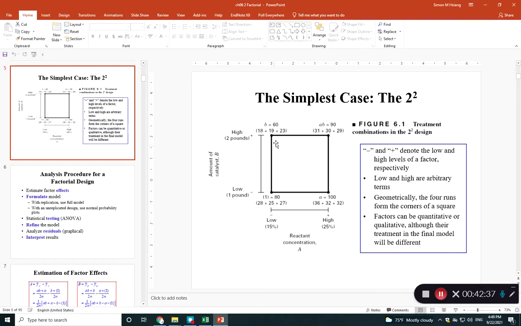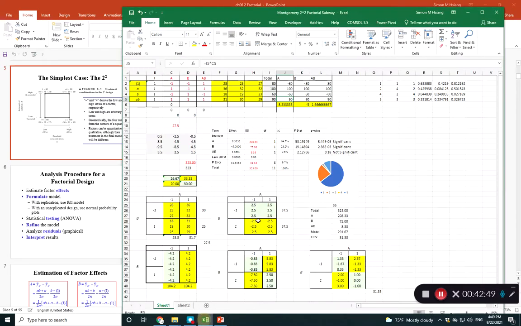So moving from this wall to this wall is either 60 to 90 or 80 to 100. So is the A effect positive or negative? Positive. And how much positive? I just add them up together, and then when you add them up together, you have your A effect calculated.